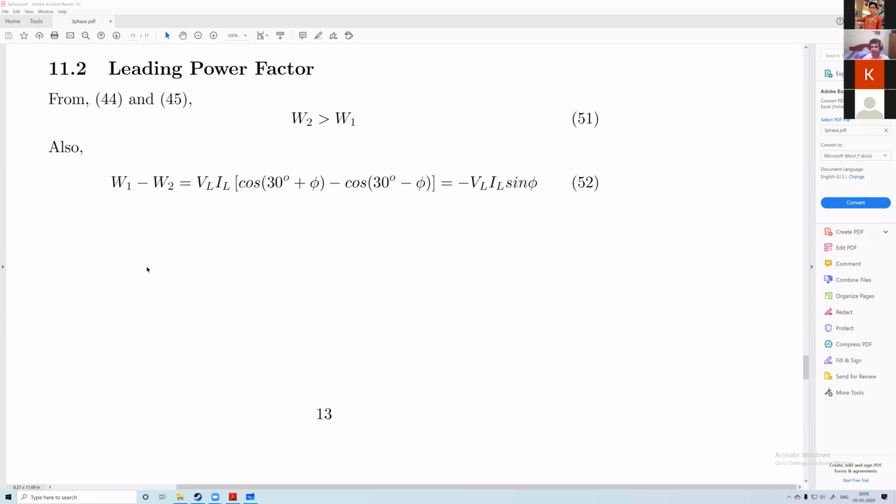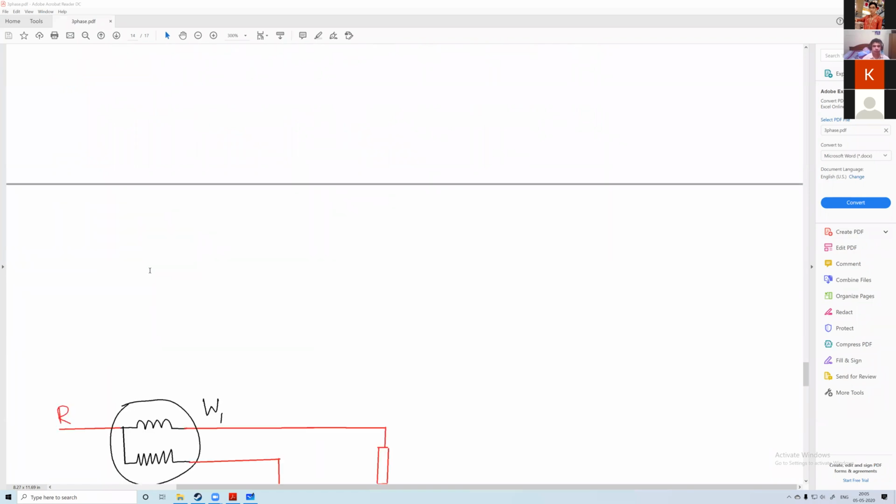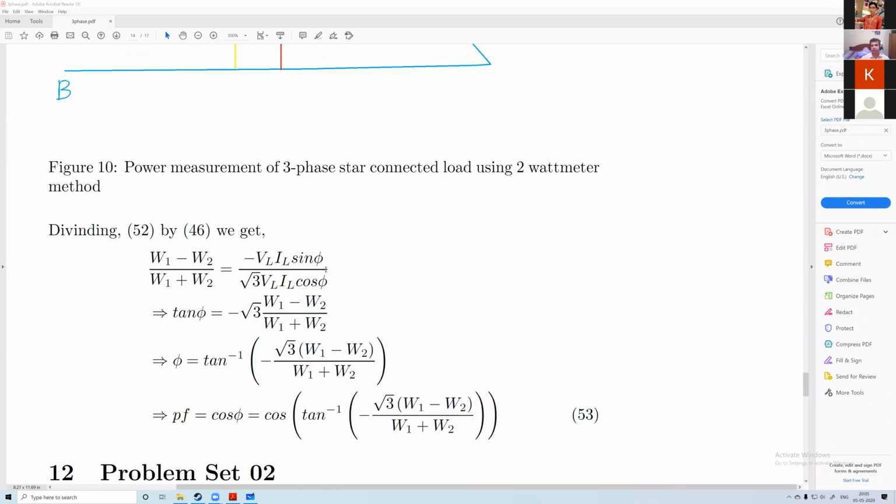W1 plus W2 is the same. So we write this and find phi. Okay. No questions. Right. So that's it for the chapter.